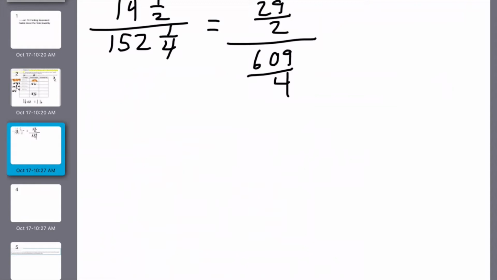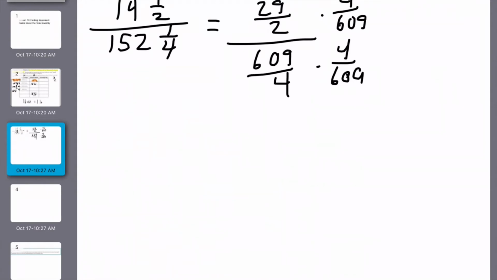But I'm dividing by a fraction in this case, okay? Which means that I need to end up multiplying by my reciprocal. So I'm going to multiply the top and the bottom by 4 over 609.